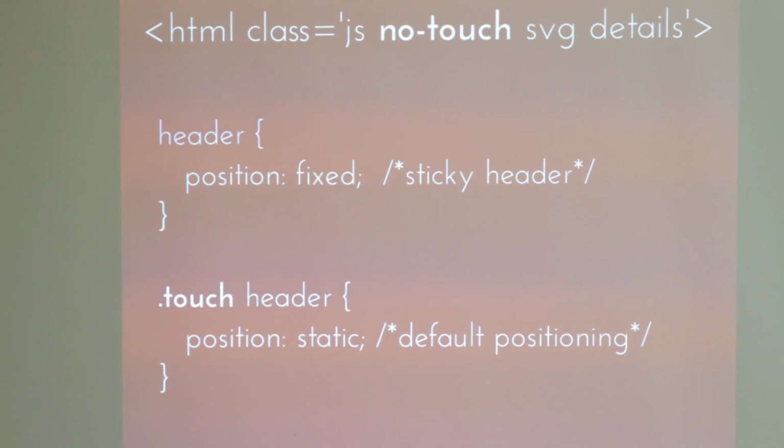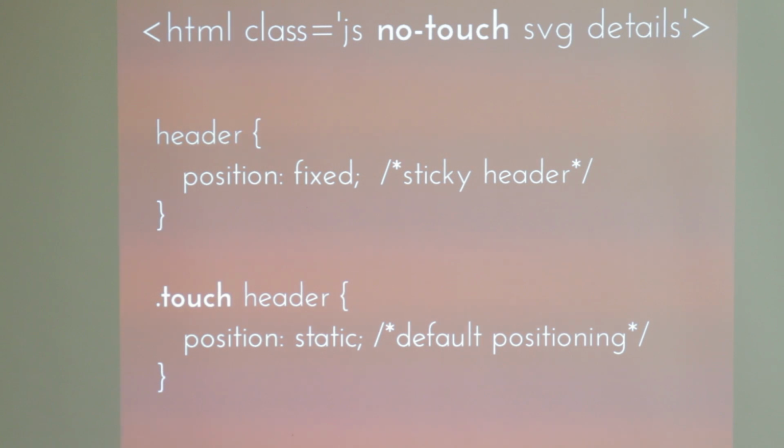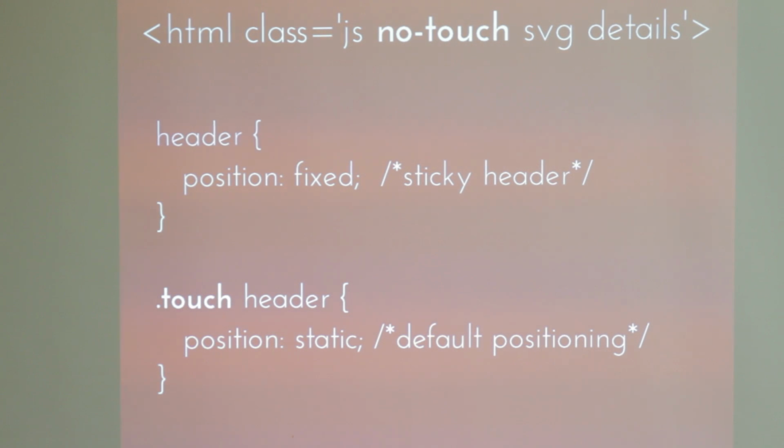This would fix that. You basically say, if you have a touch screen, you can use media queries too to make sure that it's below a certain size, then you reset the header back to position static, which is the default positioning of anything in CSS, unless you change it to fixed, absolute, or relative.